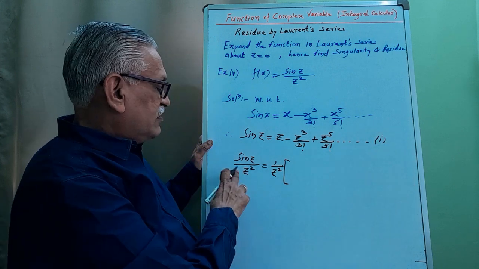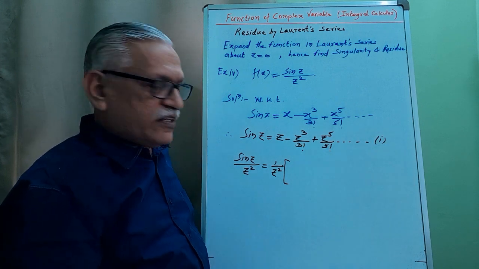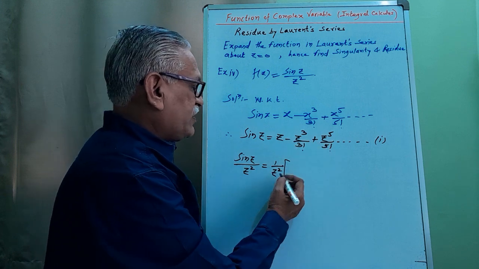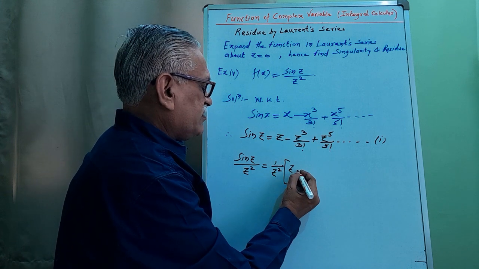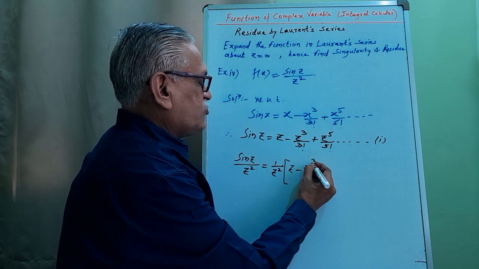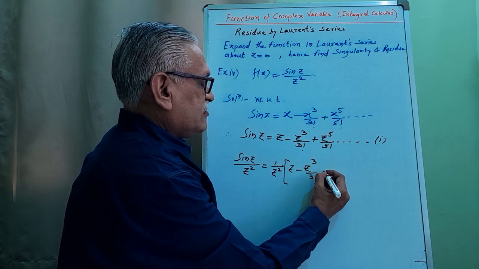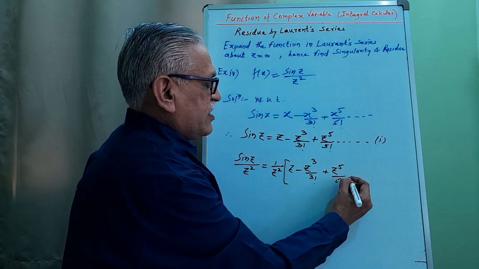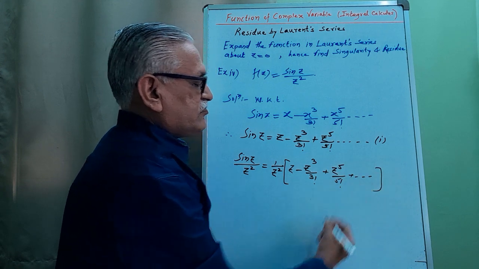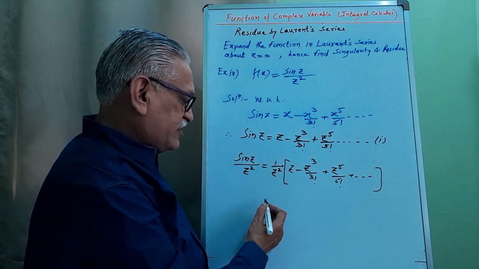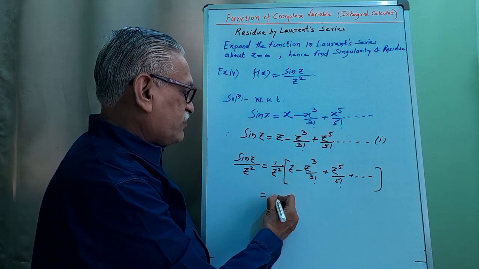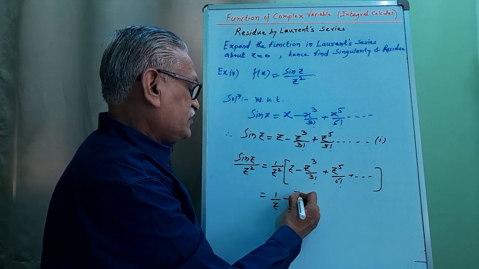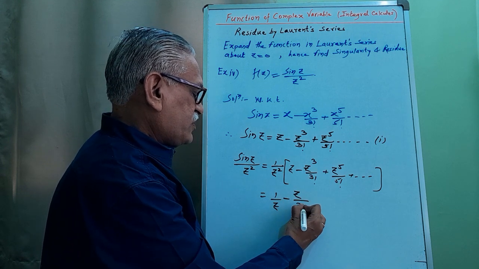Then determining the value of sin z by z square, multiplying this series by 1 by z square, we get 1 by z square multiplied by z minus z cube by 3 factorial plus z raised to 5 by 5 factorial and so on. Multiplying it inside the bracket, we get z by z square, which means 1 by z, as the first term. Next one is z divided by 3 factorial.